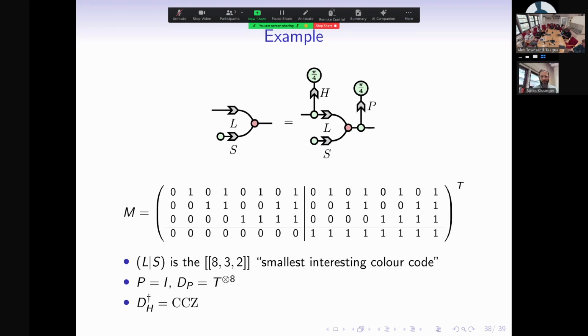Another example is the 8-3-2 code, sometimes called the smallest interesting color code. There's a quite famous blog by Earl Campbell about this. Even though it's only an 8-qubit code, it's got a transversal CCZ, which is quite nice because then I can use that to do magic state distillation in a different way, using catalysis and these kinds of things.